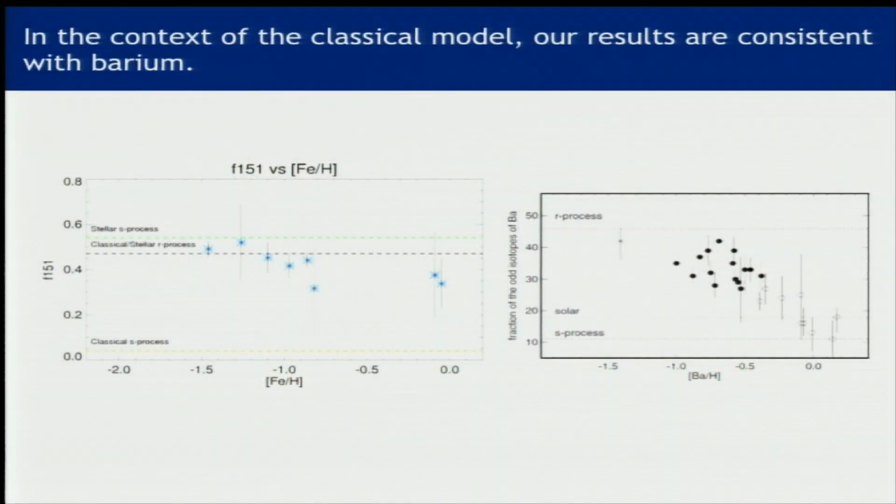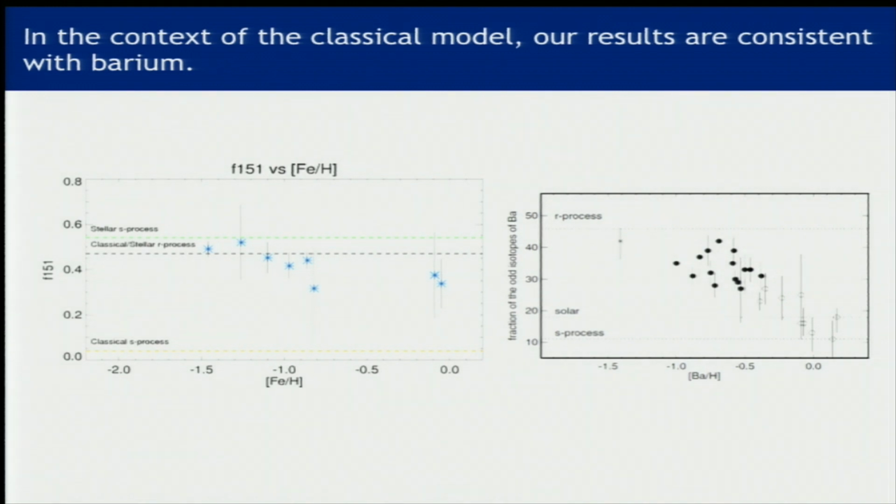On the left, we have the same graph as before. On the right, we have a study from the literature from Mashonkina et al. They're looking at barium isotopes, which have been previously used to great extent to study the R and S process because their lines are much more prevalent and much stronger than those of Europium, so they have less room for error.